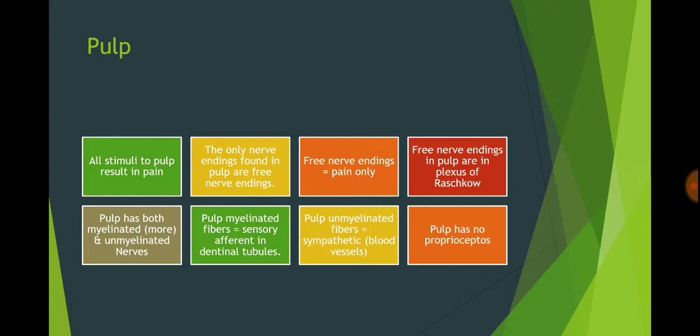And the pulp unmyelinated fibers provide sympathetics to blood vessels of the pulp. The pulp has no proprioceptors. Proprioception is the sensing of the position of the body. So the pulp has no proprioception.